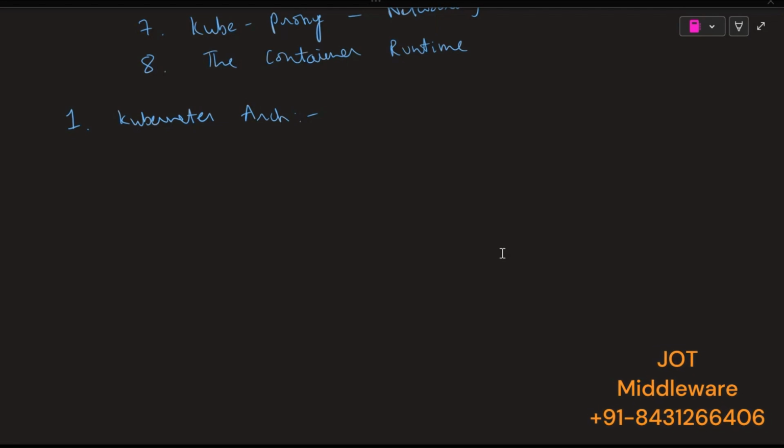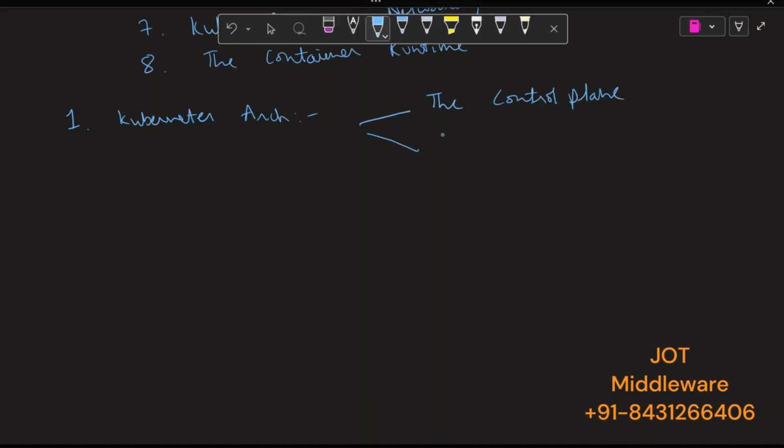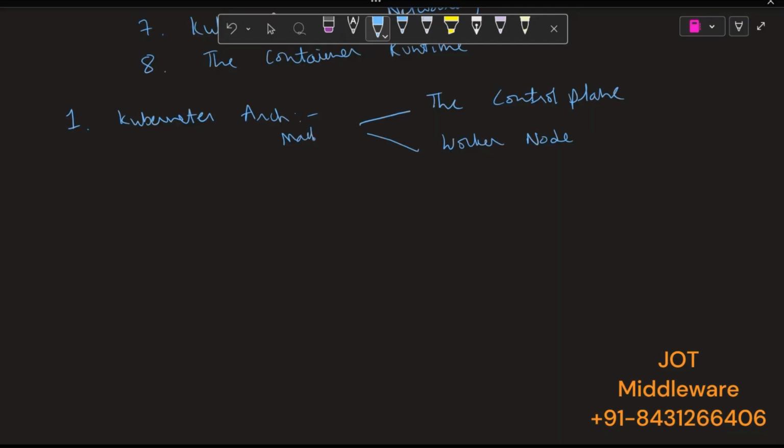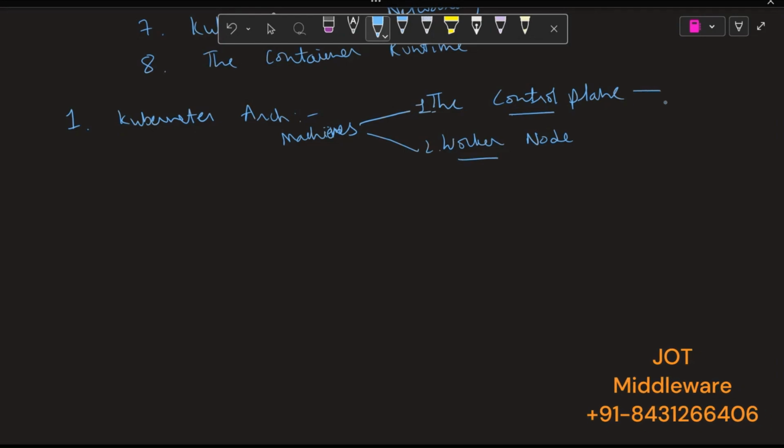A Kubernetes cluster is made of two types of machines. One is the control plane, and the other is the worker node. Number one, control plane. From the name itself, you can determine what it does: control, and worker. This is the command center.